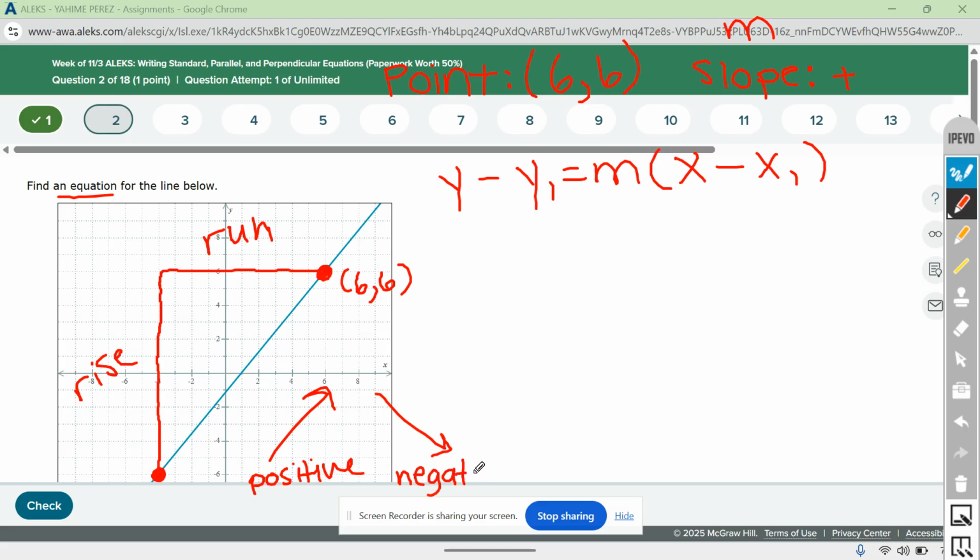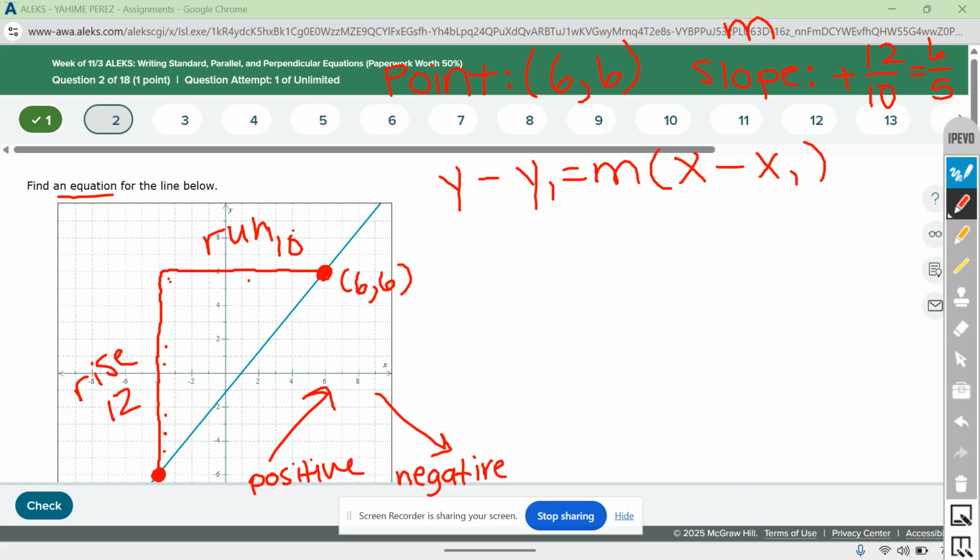If it's a negative slope and you don't put a negative, your answer will come out wrong. So my rise here is 12 and my run is 10. So rise over run is 12 over 10, and this can be simplified to 6 over 5.